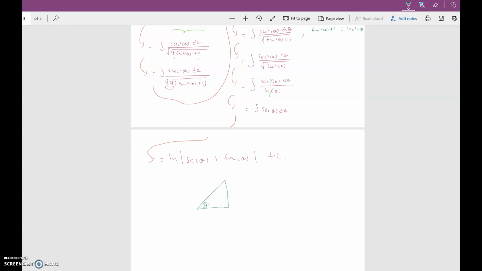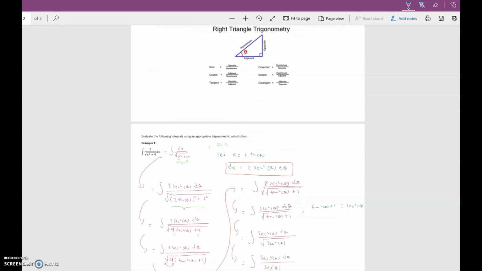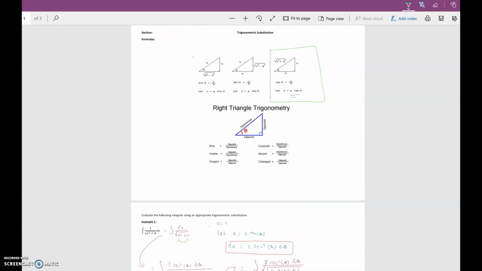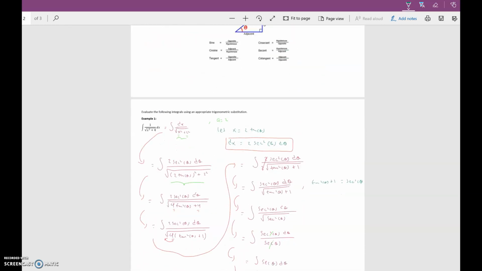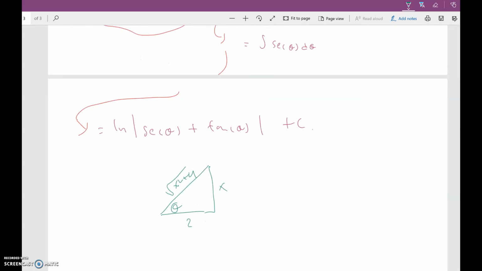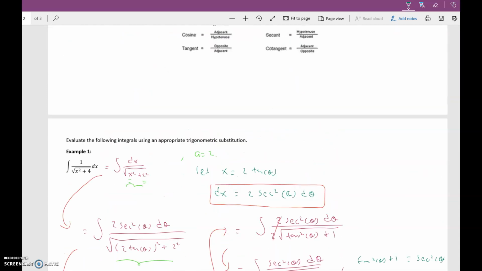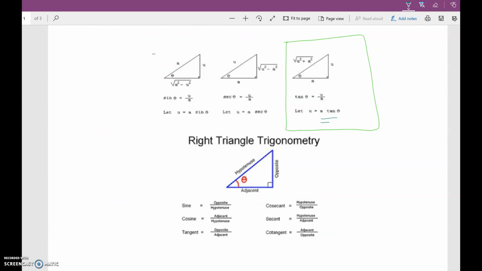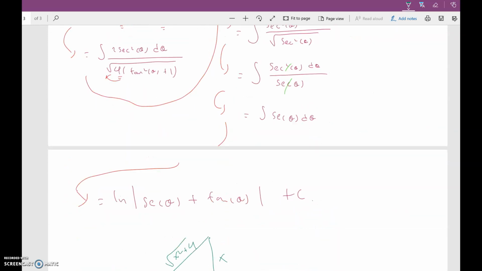Okay, so this is theta. This was the square root of x squared plus 4, I'm copying this one. Then technically x and 2. So this is a 2, and that's going to be an x. Okay, so I'm looking at this triangle. So the hypotenuse is the square root of x squared plus 4, the side x, the side 2, and the angle theta is there.